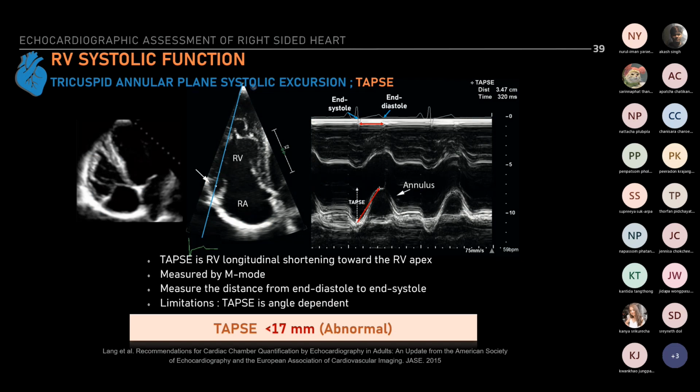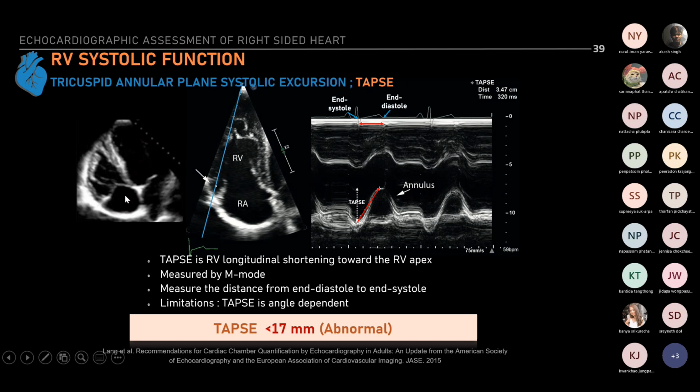Tricuspid annular plane systolic excursion or TAPSE is the measurement of RV longitudinal shortening based on the distance the tricuspid annulus moves toward the RV apex. This occurs in the longitudinal direction, so TAPSE refers to the longitudinal function of the RV.